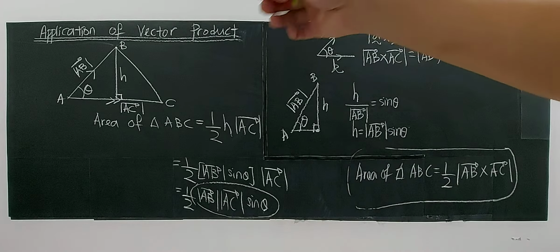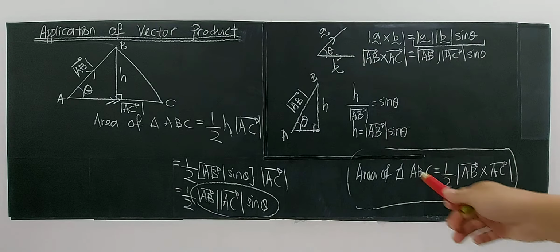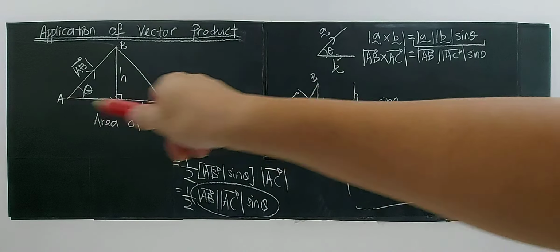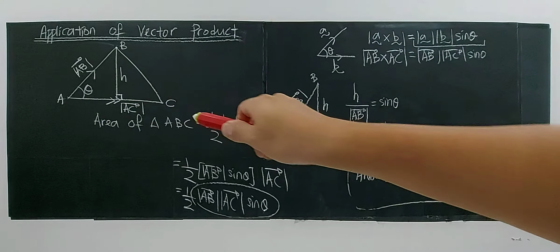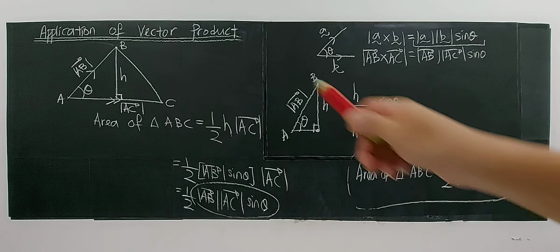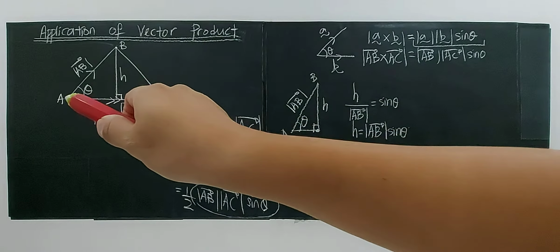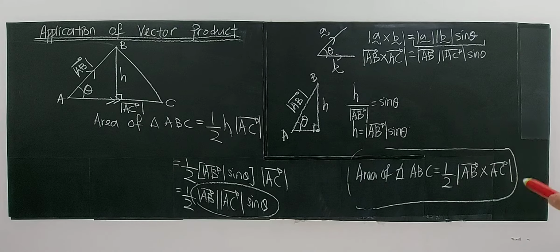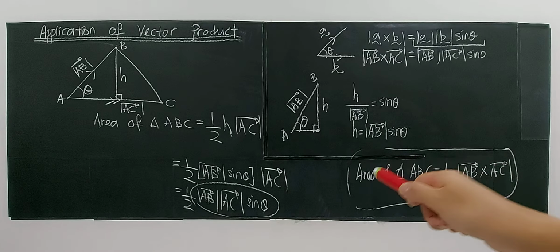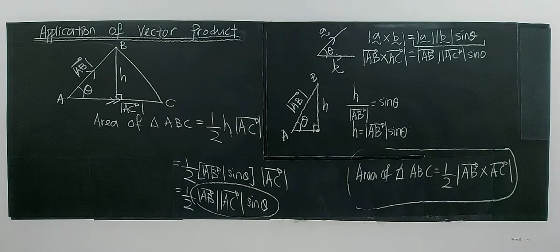Why I said this is an application of vector product is because to find the area of this triangle with the two given vectors, I can use the knowledge of vector product just by doing the cross product between AB and AC, finding the magnitude and dividing by half, and I will find the area of the triangle.